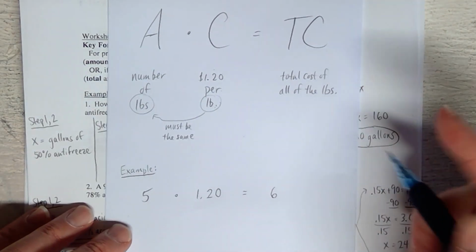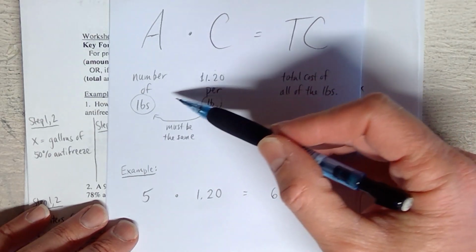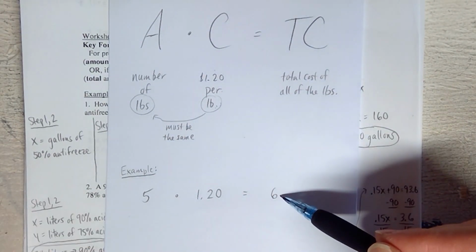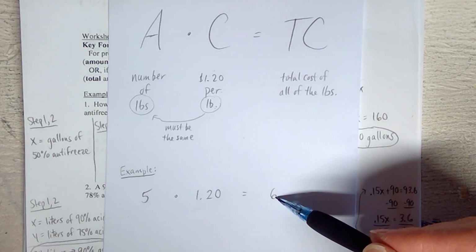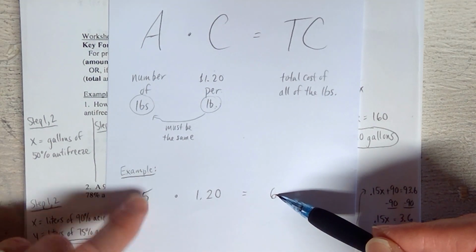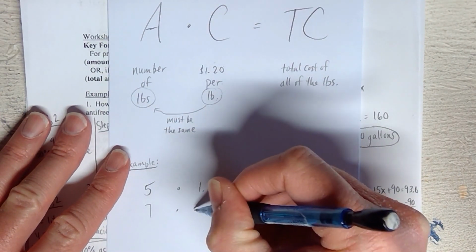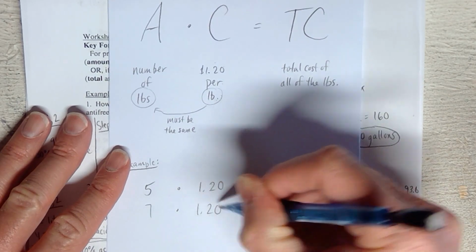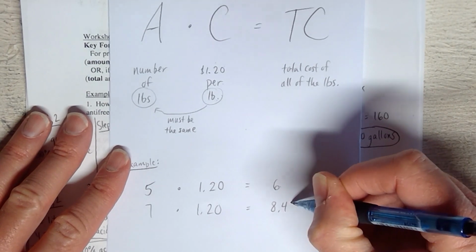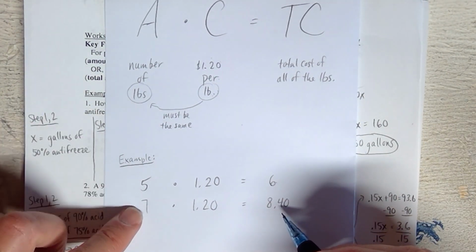It says total cost of all the pounds. What that means is that if you buy 5 pounds, which I indicated right here, then the $6 is going to be the total cost of all 5 of those pounds. So if I put 7 pounds here and I multiply that, then whatever that's equal to, and it's going to be $8.40, that is going to be the total cost of all 7 pounds.